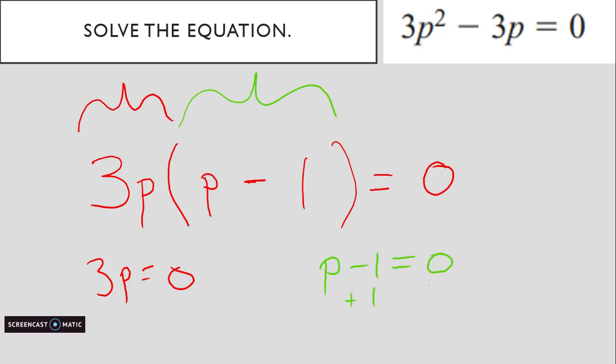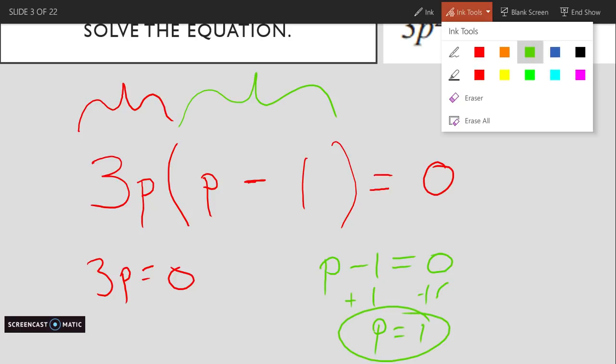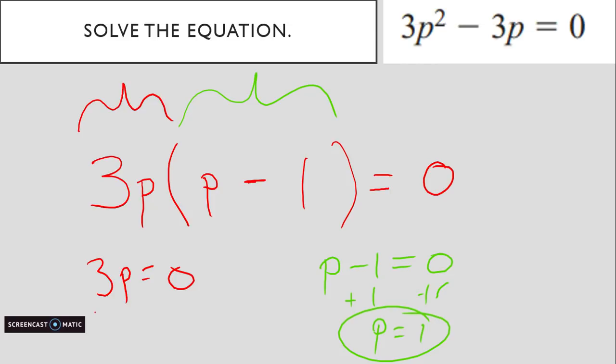If I add 1 on both sides, looks like p equals 1. And if we divide by 3 on both sides, p could be 0. So those are your two options. p is 0 or p is 1.